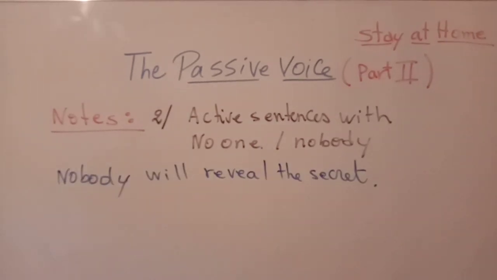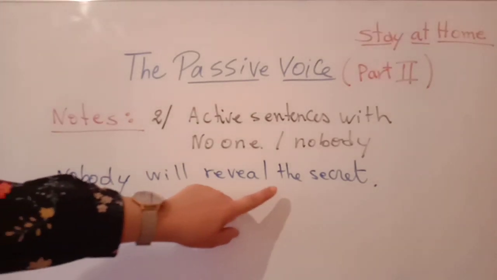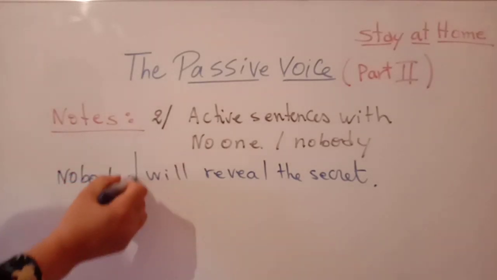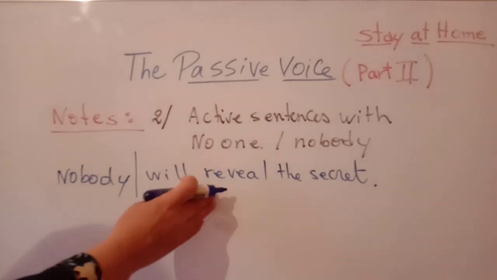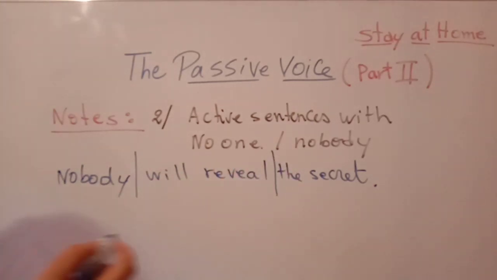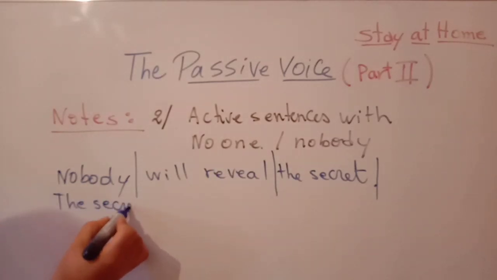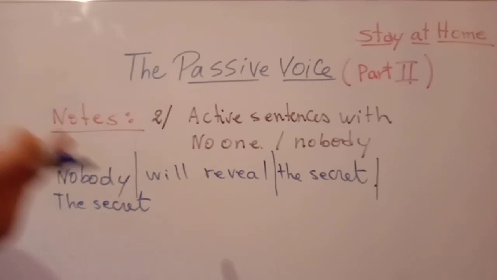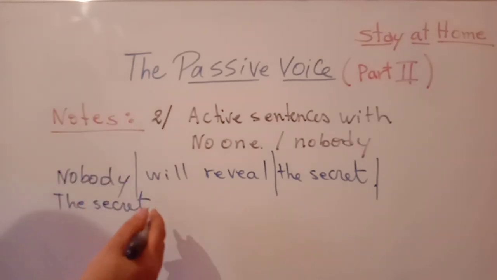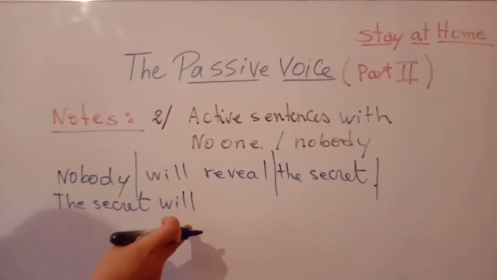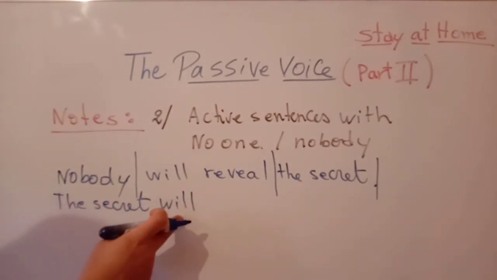Let's study another example with nobody. Nobody will reveal the secret. So let's do it together. Okay? Subject, nobody, will reveal, okay, verb, what? The secret. So the secret becomes subject. The secret, okay? You have the modal, we don't change the modal, will, okay? The negation is always attached to the auxiliary, okay?